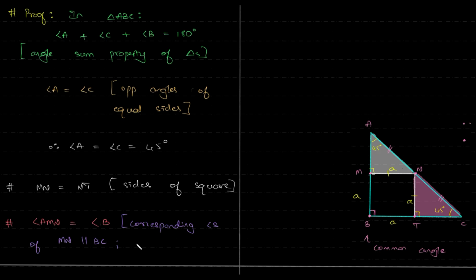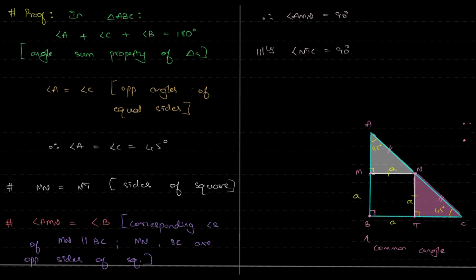MN and BC are opposite sides of a square. So this tells us that angle AMN is equal to 90 degrees. Similarly, angle NTC is also equal to 90 degrees.